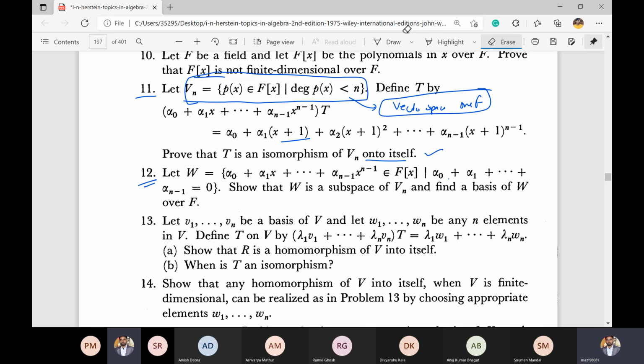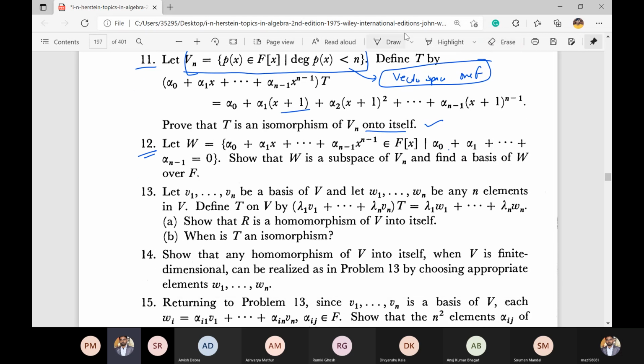Okay, anyone? Anyone? How should you approach finding the basis for this one?